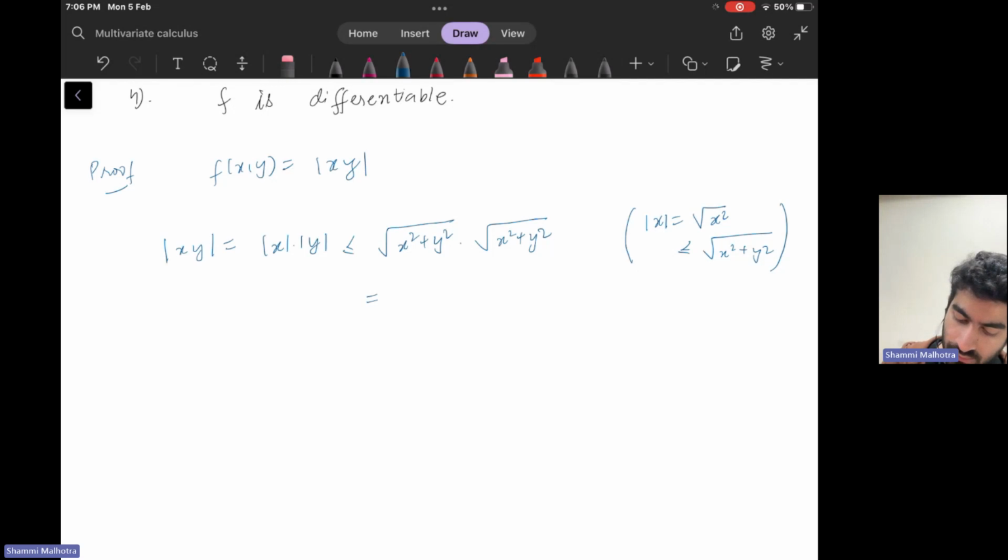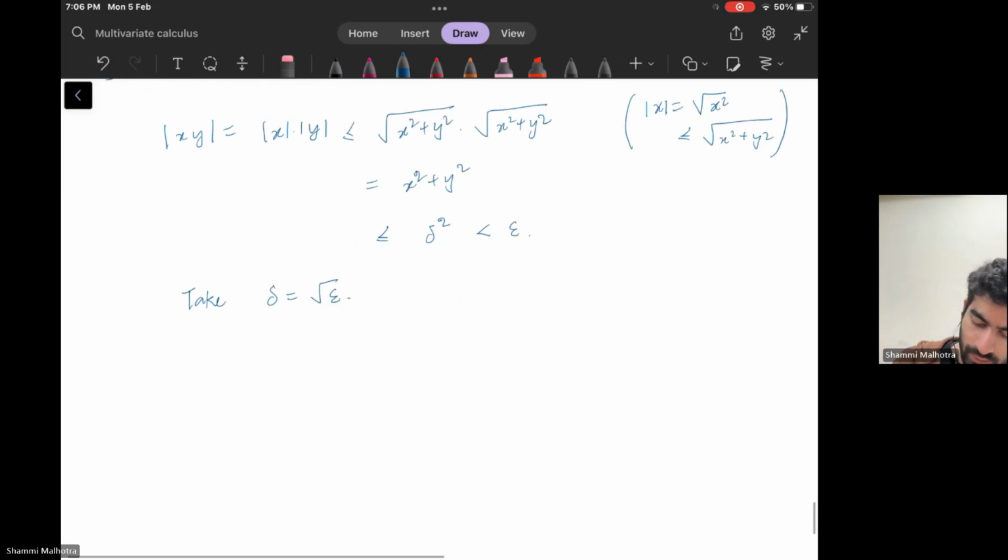And this thing is x square plus y square, which is less than or equal to delta square, and I want this to be less than epsilon. This holds if we take delta to be square root of epsilon, which is positive.